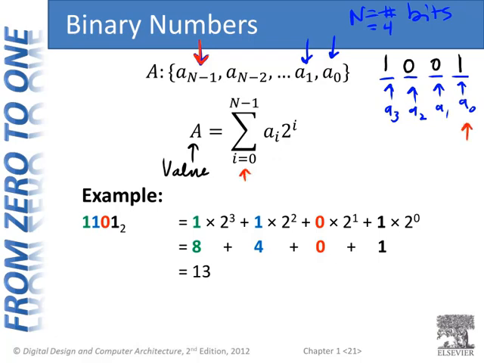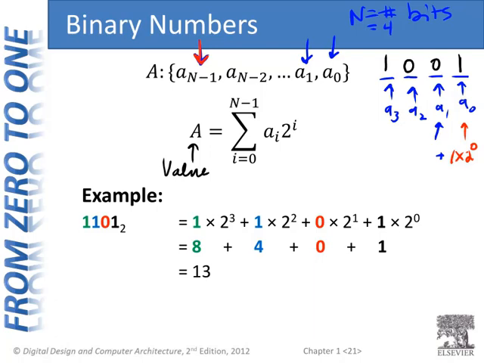So we start with the 0 column, take the value, a sub 0 in this case, multiply it by its column weight, 2 to the 0. And we're going to get, well, 1 times 2 to the 0, which we know is 1. And then the summation says, well, now we're going to sum from I equals 0 to n minus 1. Now we'll take the next I equals 1, the next I value, add it to what we just had.